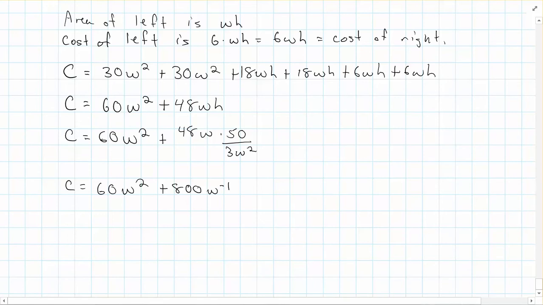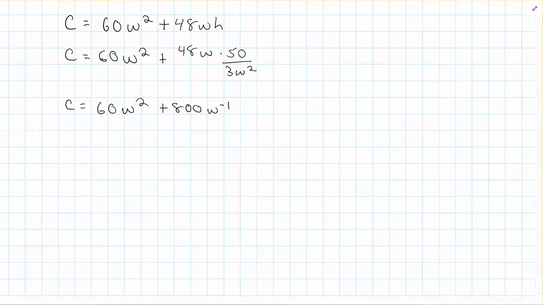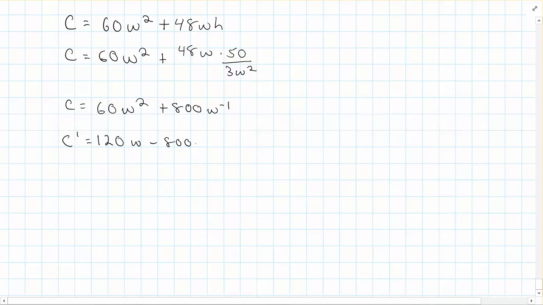So now we have to take the first derivative and find my critical numbers. So I take the first derivative of this. I get C prime is equal to, if I could take a derivative properly, 120W minus 800W to the minus 2.